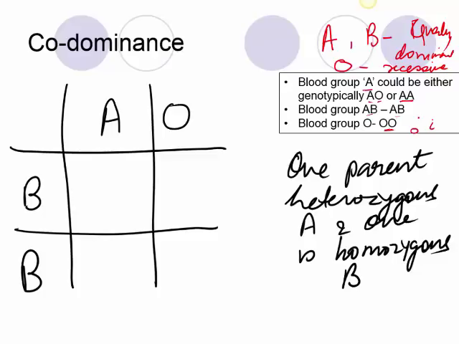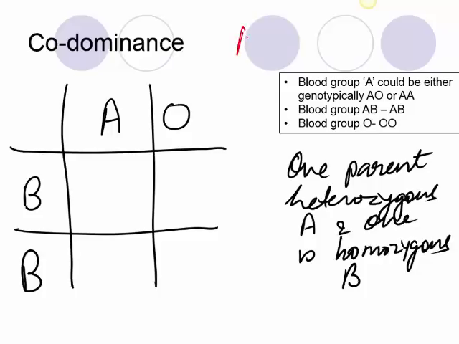So let's look at this situation where I give you one parent who is heterozygous A and the other parent who is homozygous B. You should be able to recognize that. So if that parent is heterozygous A, how would you write that? AO, right? And if they're homozygous B, that means you've got to write BB this way. So when we break them up, this is how they will break up.